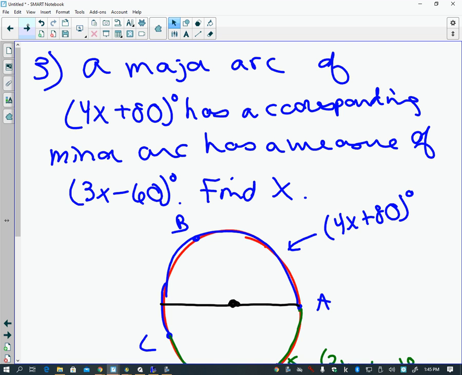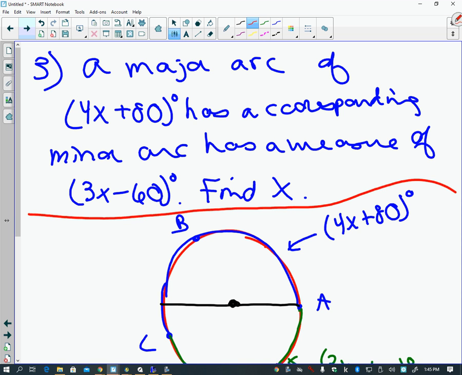All right, question number 3. Again, they're not going to give you anything below that red line. The question is what you see above. A major arc of 4x plus 80 degrees has a corresponding minor arc which has a measure of 3x minus 60 degrees. Find x.